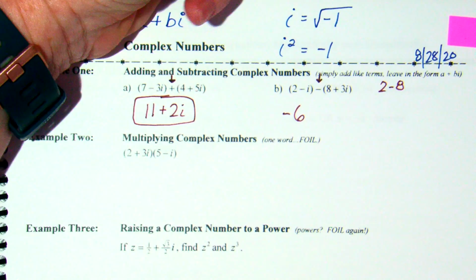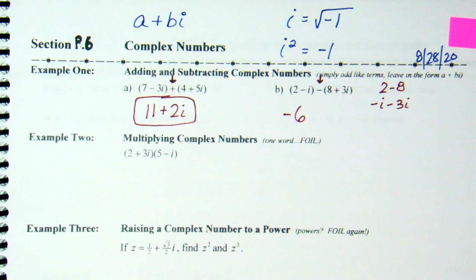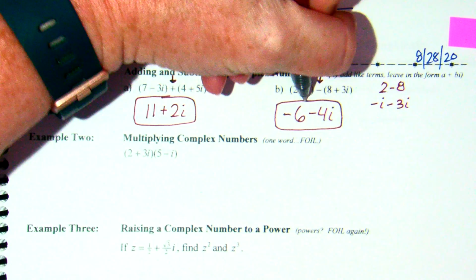Okay, multiplying complex numbers. How do we multiply two binomials? FOIL, right? Okay, your hint's right there. It's FOIL. So let's review our FOIL first. 2 times 5 is 10.